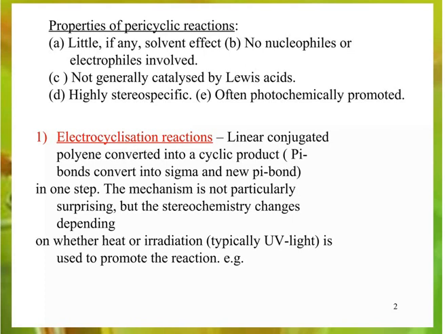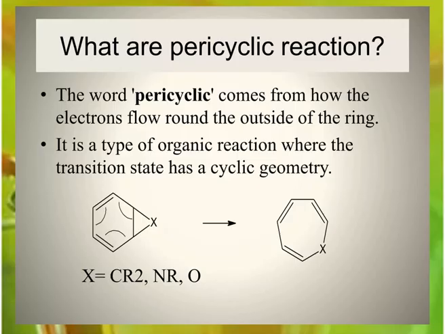So my friend, if you go to the more basic, such type of questions, so what are pericyclic reactions? The word pericyclic comes from how the electrons flow round the outside of the ring. It is a type of organic reaction where the transition state has a cyclic geometry. You can see the expansion of this 6-member ring to 7-member ring.